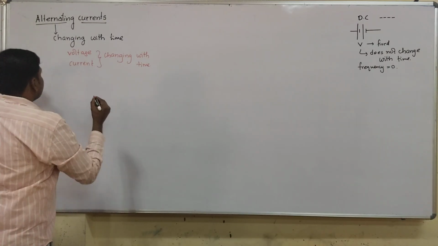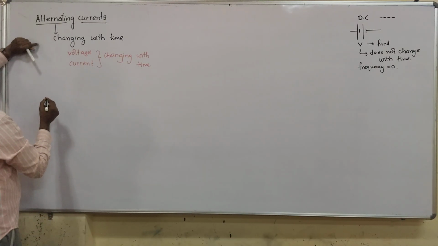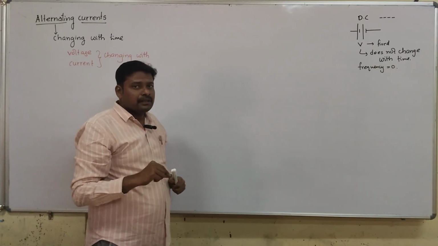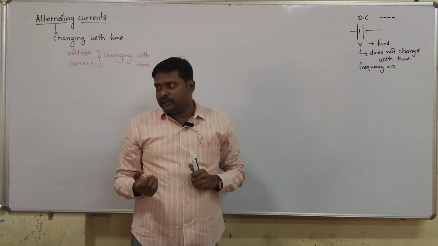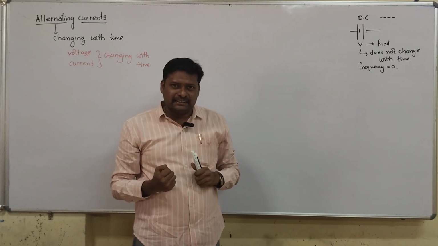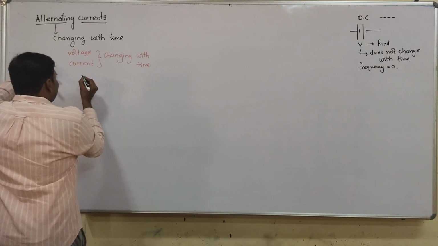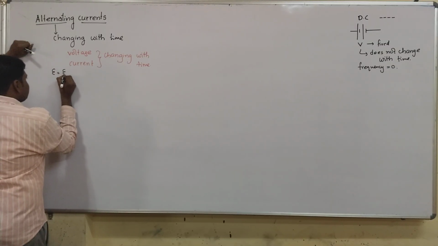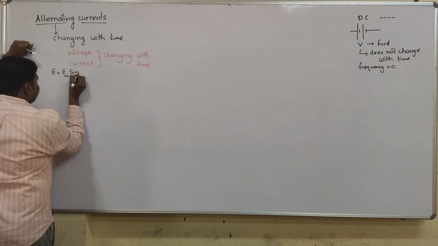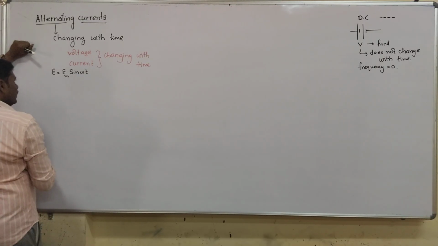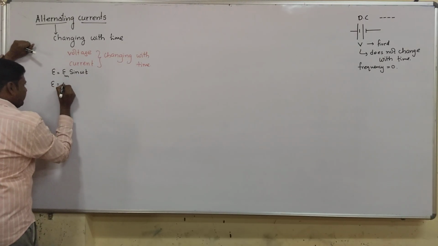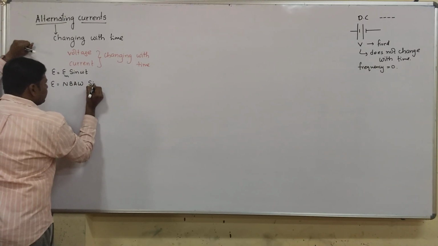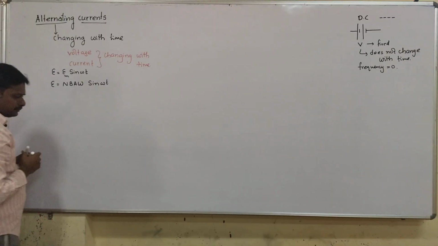Now, what is alternating voltage and how is it written? In the last chapter we derived the EMF developed across an AC generator. What is the value of voltage developed in the AC generator? E is equal to E max sine omega t, where E max is equal to N B A omega, which was derived.